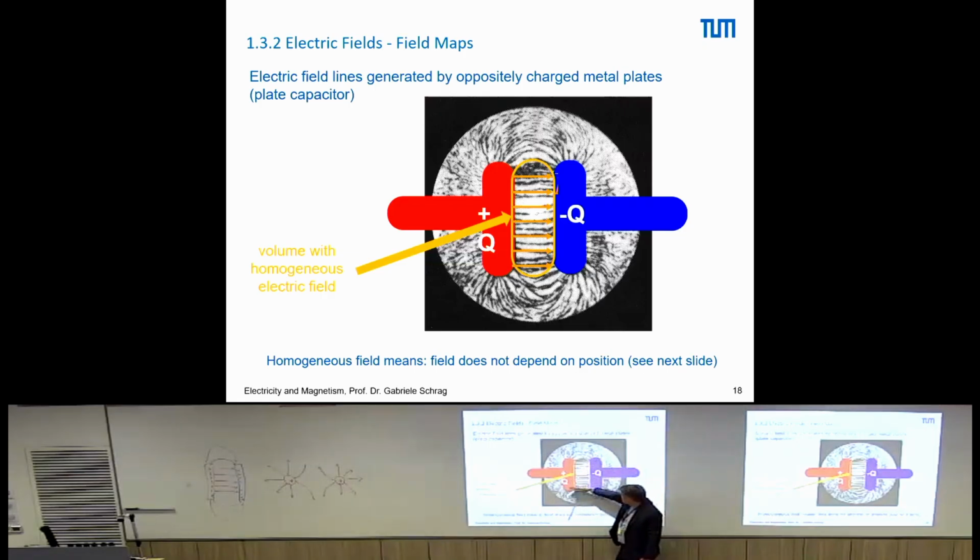And you see in this volume, you actually get a really homogeneous electric field. That means the field is not varying here. It is all oriented from plus to minus, but is of uniform strength from here to here, and it is also not varying from bottom to top. But outside here, it becomes inhomogeneous.